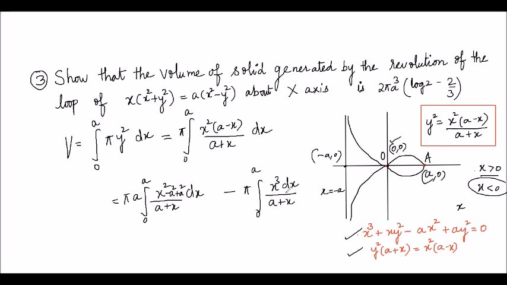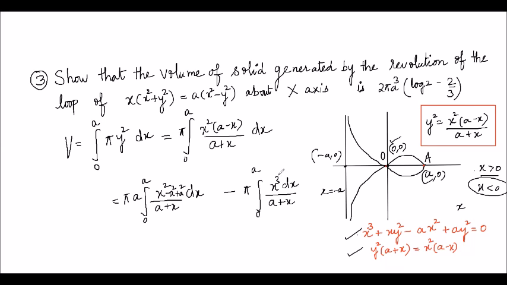And similarly here, we will be adding plus a cube and subtracting minus a cube, and then we will be using the formula which we have for a cube plus b cube.